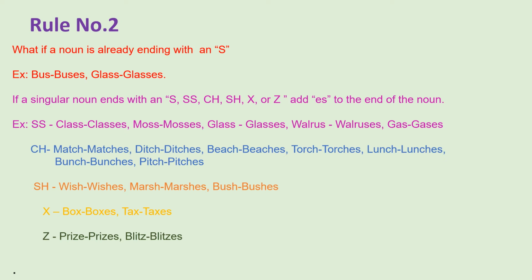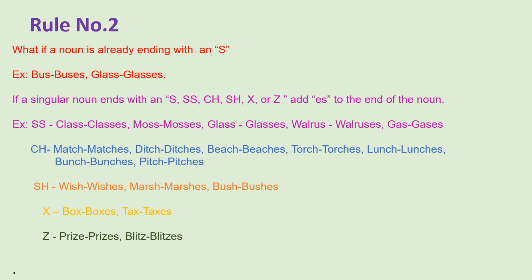If a singular noun ends with s, ss, ch, sh, x or z, just add es to the end of the noun. Let's see some words ending with ss.